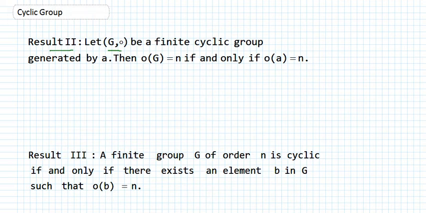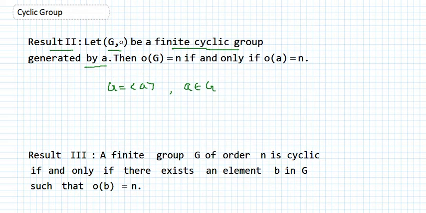So G is a finite group as well as a cyclic group generated by the element A. So G is generated by an element A of the group.